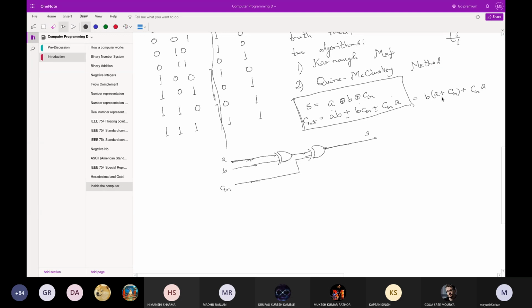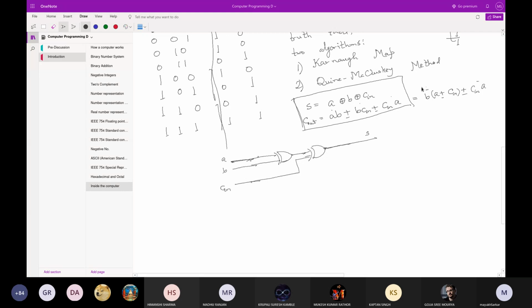So now 1, 2, 3, 4. 4 operations will be sufficient. Later on in digital electronics, you will see several ways to simplify a Boolean equation. I am not going into any depth of this.